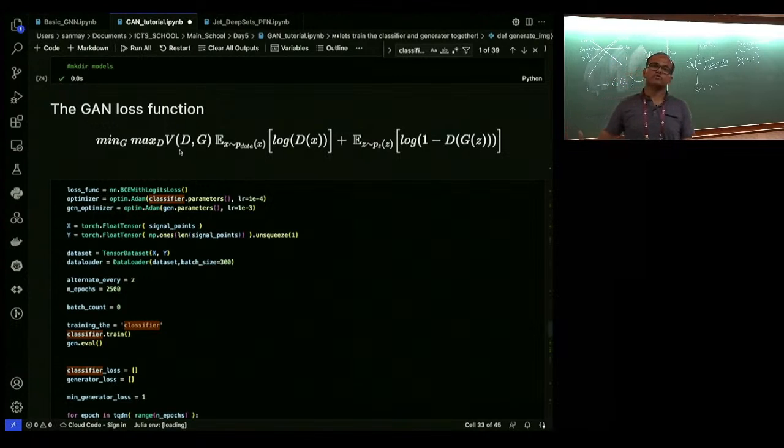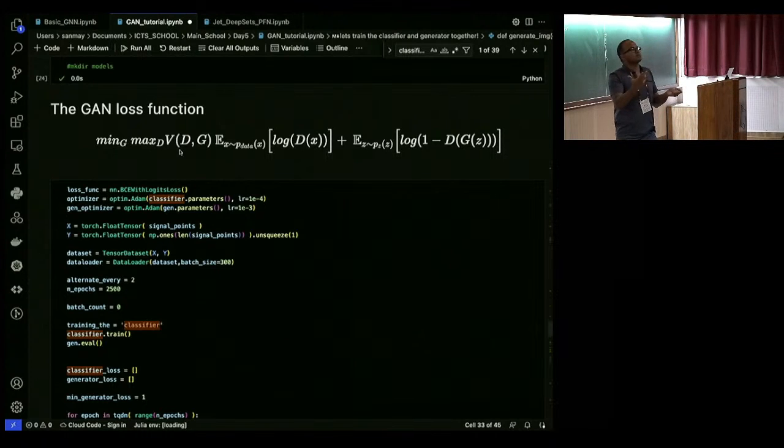In this training, you will show it more and more real data, and the generator will produce more and more fake data. And finally, this adversarial loss, feedback from the output to the input, will ensure that the generator is also pushed into a state where it will start producing fake images which look like real images, so that the discriminator can no longer distinguish between the real and fake images.